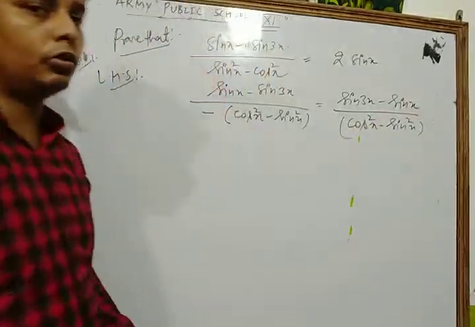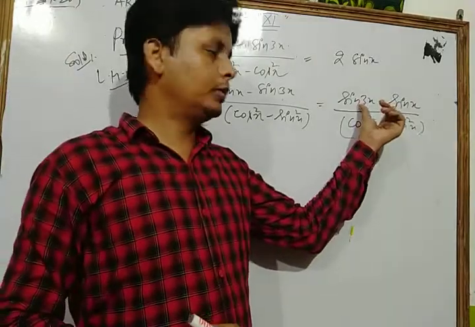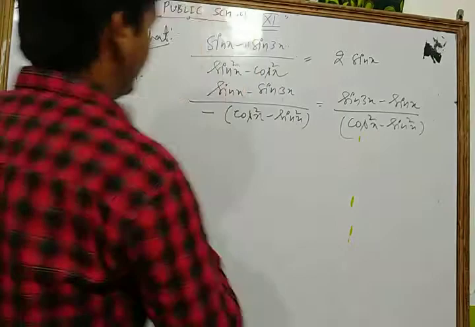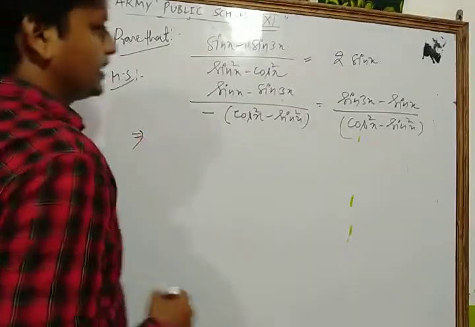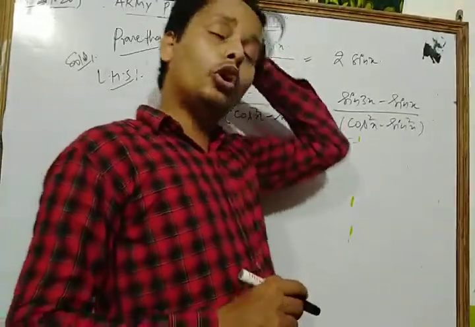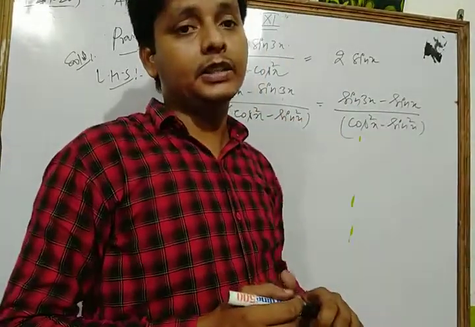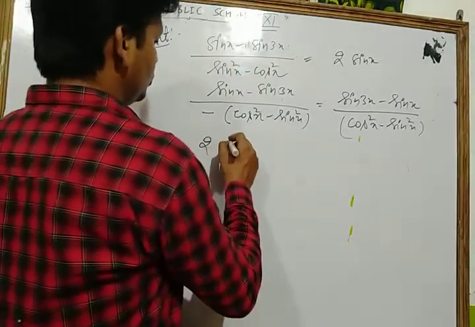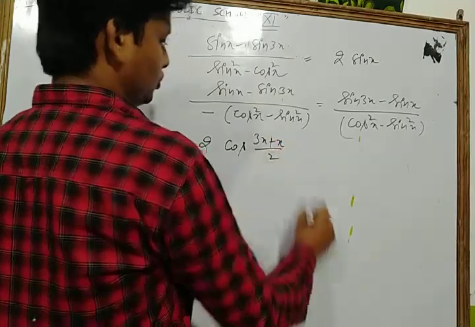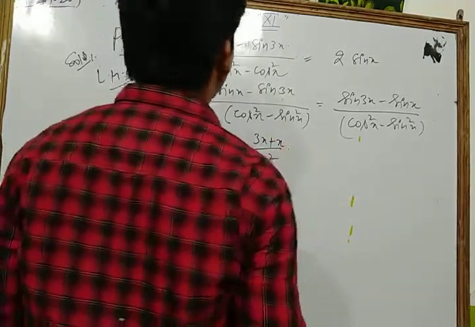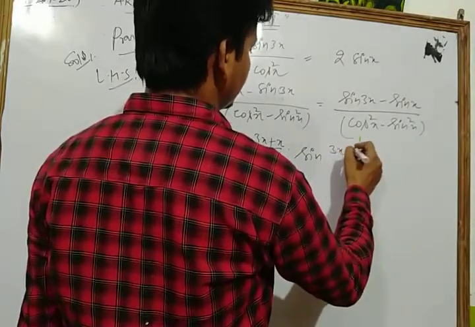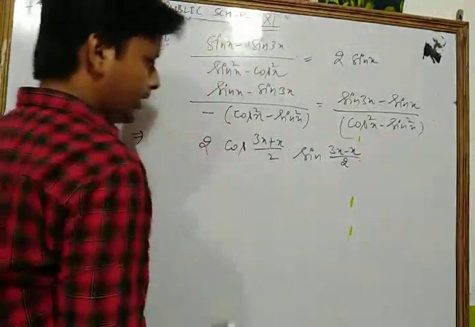Okay, now in the numerator we apply the formula sin c minus sin d. Let's see what the formula for sin c minus sin d is. That is 2 cos of c plus d by 2 into sin of c minus d by 2, that is 3x minus x by 2.